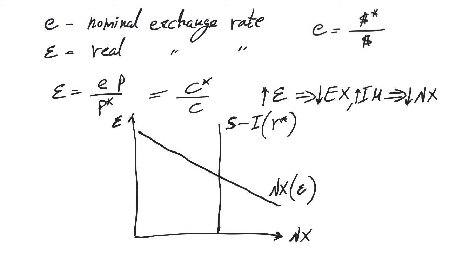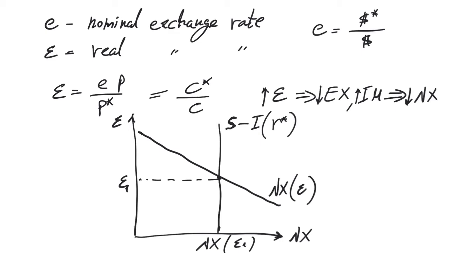And so now we get an equilibrium of the real exchange rate, let's say epsilon 1, and here we have net exports. And so this is a framework that relates the two sides of the IS equation as we defined it before.